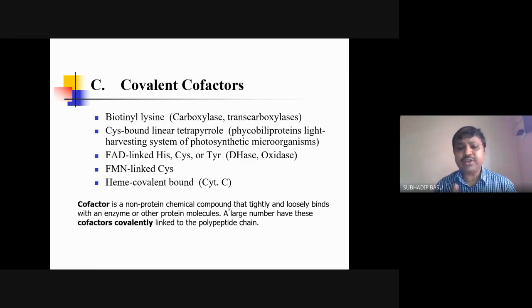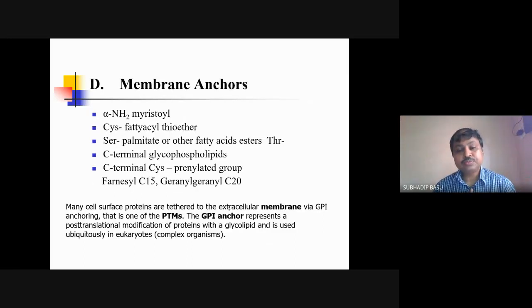Some PTMs allow some chemical compounds to bind in a specific way, and that has very serious implications in disease propagation. So these covalent cofactors are extremely important in disease analysis.